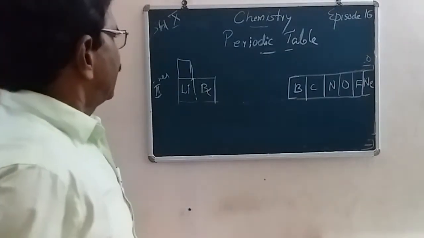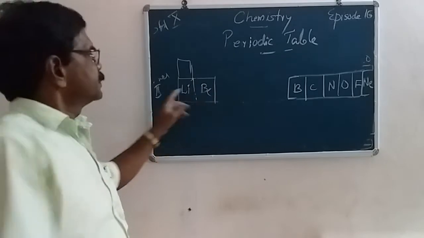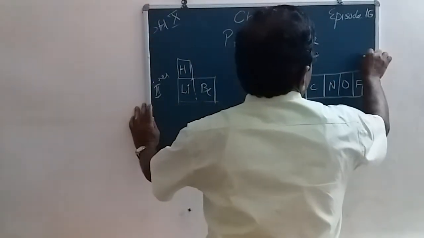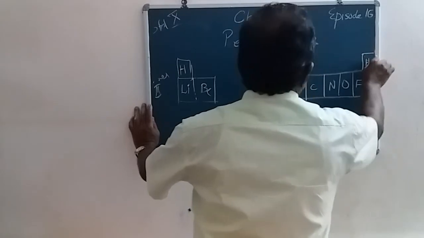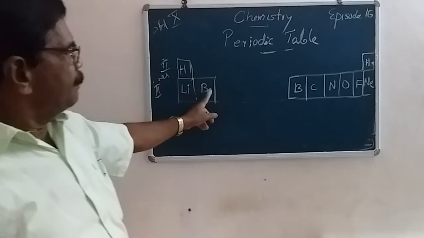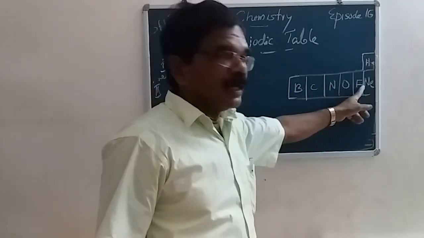Which are the second period elements? The first period elements are hydrogen and helium. The second period elements are lithium, beryllium, boron, carbon, nitrogen, oxygen, fluorine, and neon.